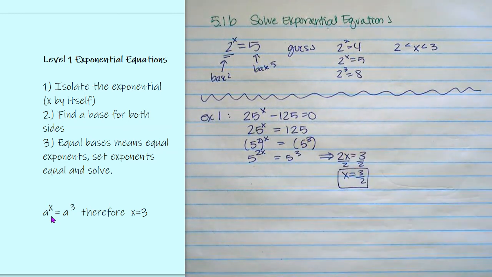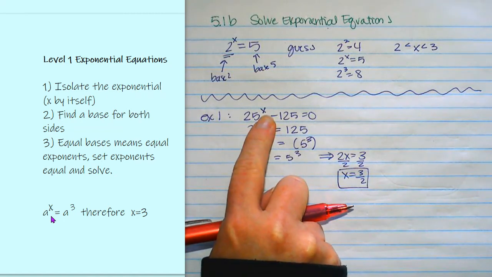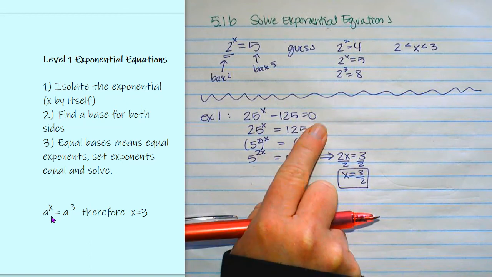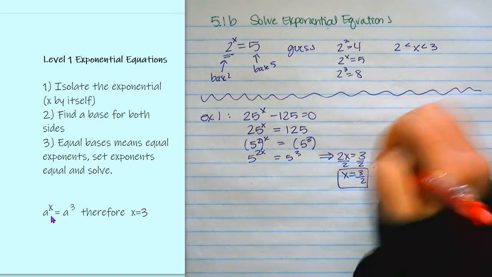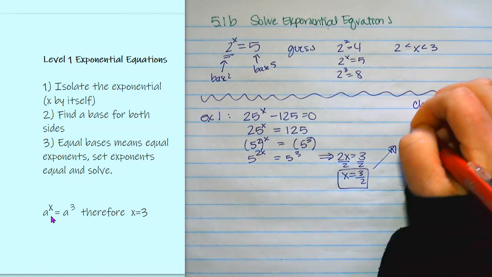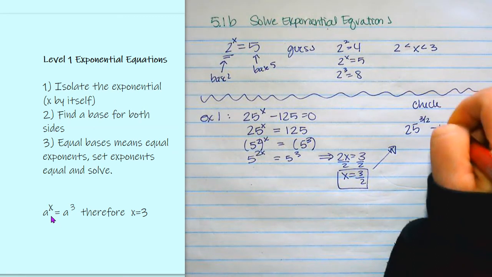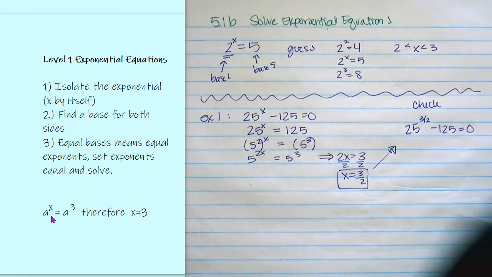So what does that mean? That means that if I took 25 to the 3 halves power minus 125, I would get 0. So if I want to check that, I'm going to say 25 to the 3 halves power minus 125 equals 0.